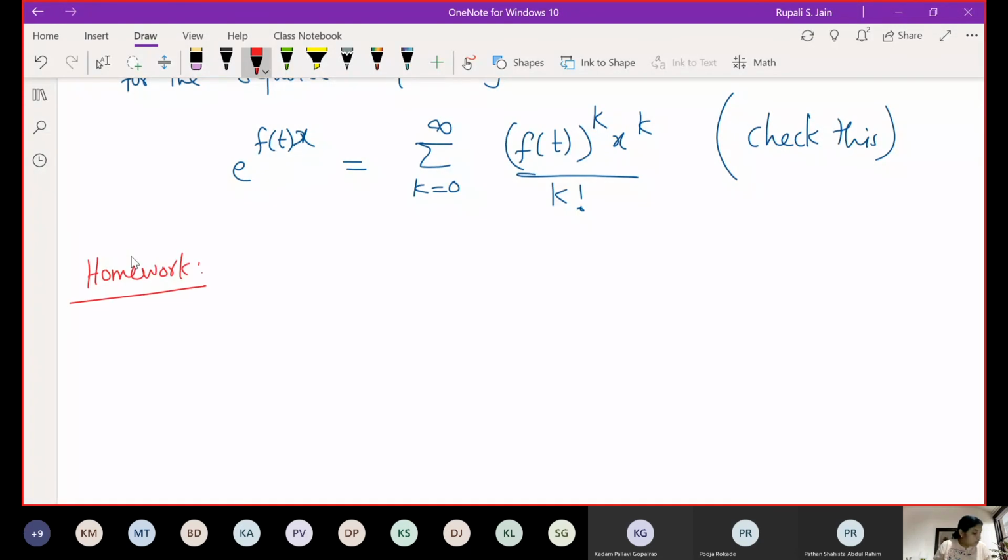Homework. I will just give the page number, page 40, exercise section, exercise 2.39 A to D. Also example 2.41 and 2.52.